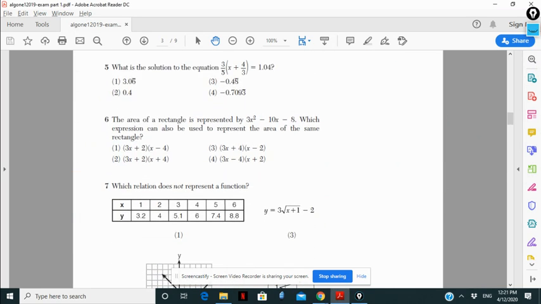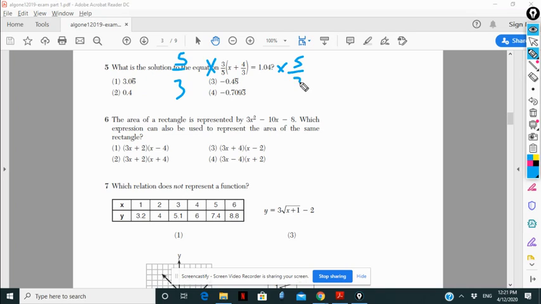Question number 5. What is the solution for that equation? First, I'm going to multiply both sides by 5/3. So it's giving me x plus 4/3 equals 5.2/3.